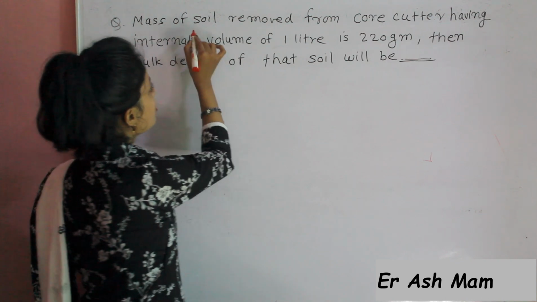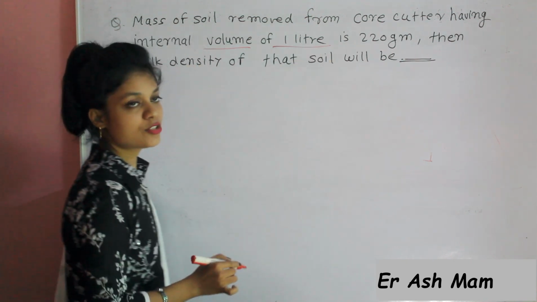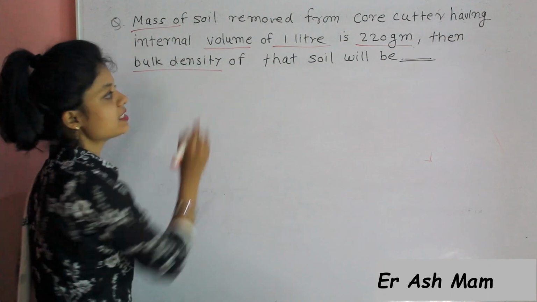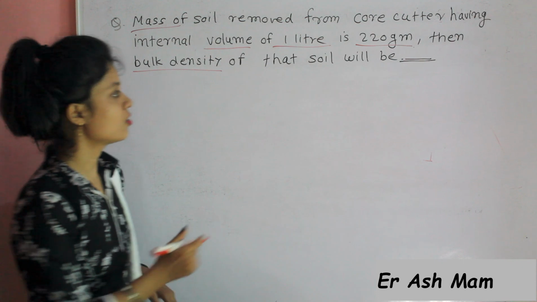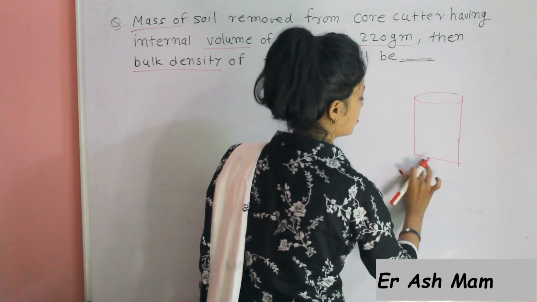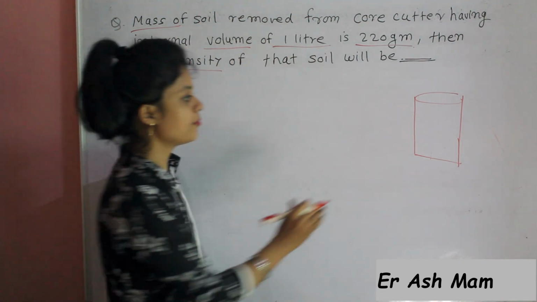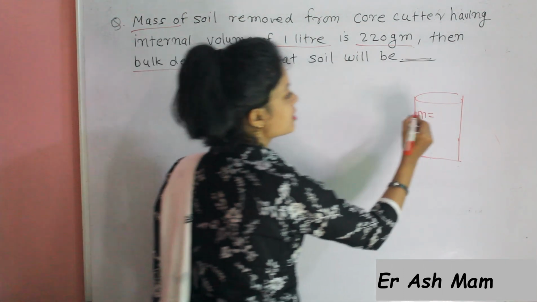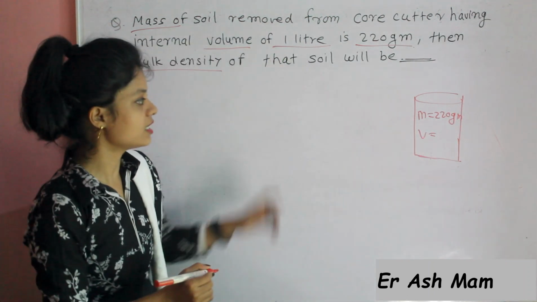Next, mass of soil removed from core cutter having internal volume 1 liter is 220 gram. Then, bulk density of that soil will be. What is given? Mass and volume is given. If it is core cutter, then mass removed from this core cutter M equal to 220 gram and volume of this core cutter is 1 liter.